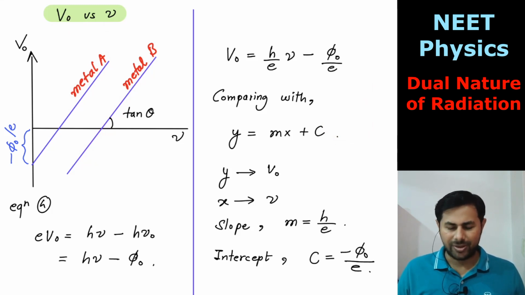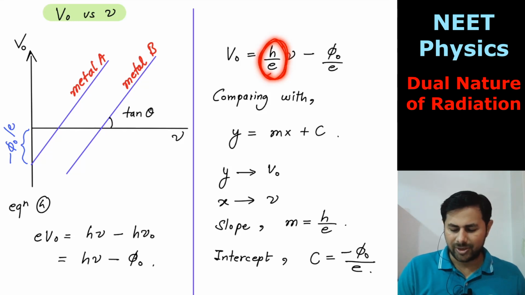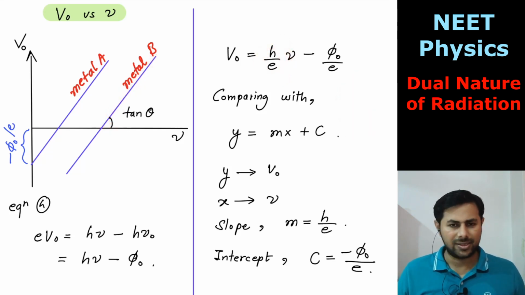Then another option: if work function is more, the slope would be more; work function is less, the slope would be less; if intensity is more, the slope is more, something like that. So you need to remember that the slope would be the same because h is a constant, e is a constant. That's why the slope would be a constant, because the slope of this graph is h by e. This thing is clear, everyone?